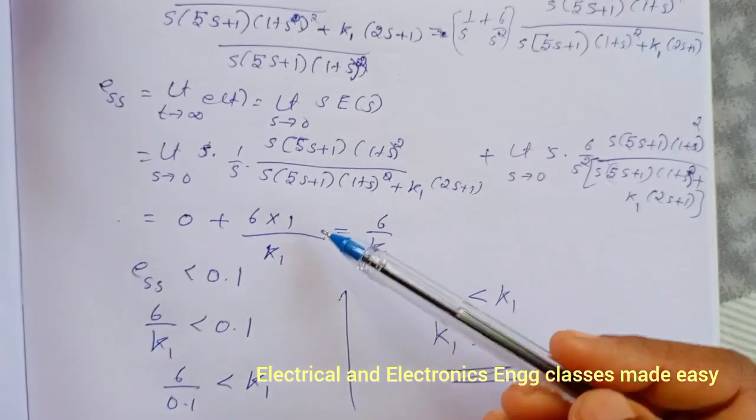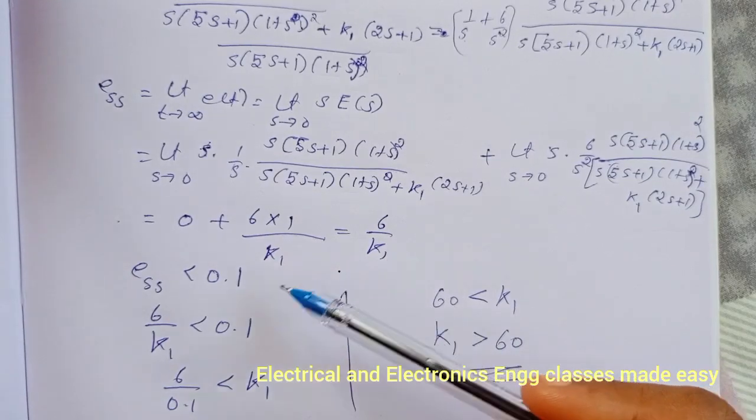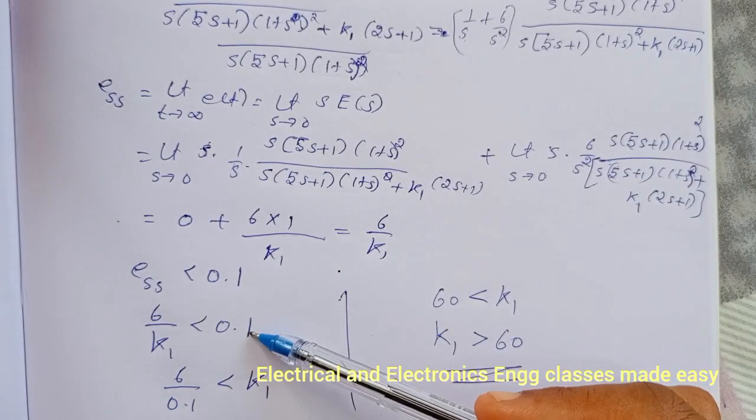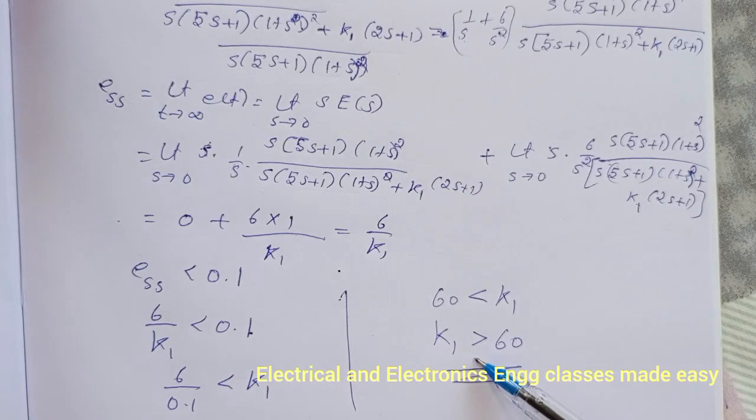So for steady state error ESS less than 0.1, the value of K1 should be greater than 60.